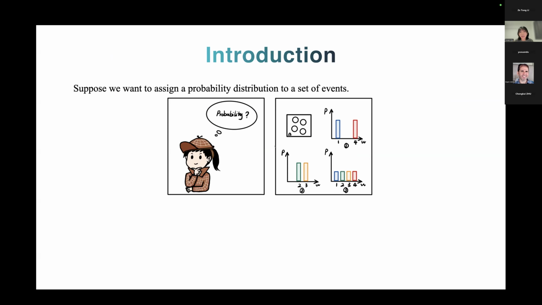In the first case, the distribution favors events 1 and 4, giving them equal probability but not the other two. In the second case, only events 2 and 3 have equal probability. For the final case, all 4 events have the same probability, so it's the uniform distribution. But how do we choose which one is correct to describe this scenario?